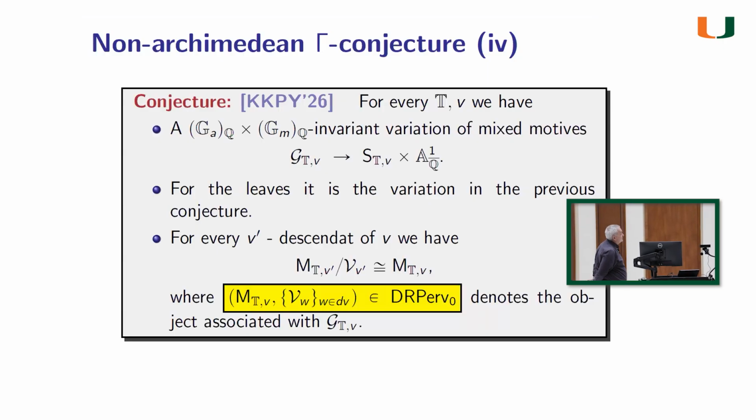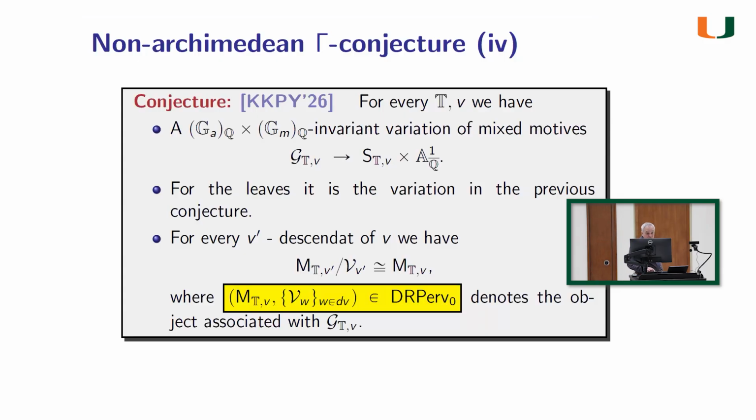And for every descendant of V, the corresponding analog of the perf zero sheaf is glued to its counterpart for the vertex V. So they're isomorphic.